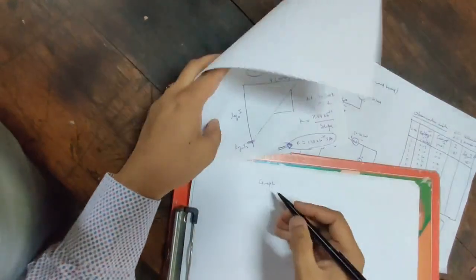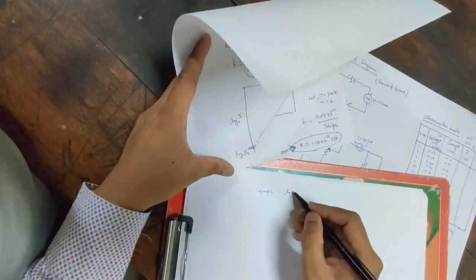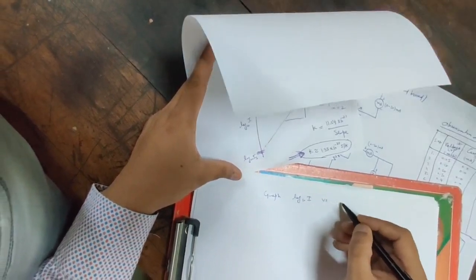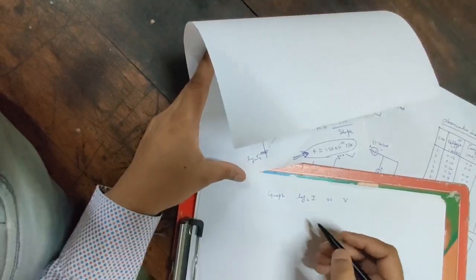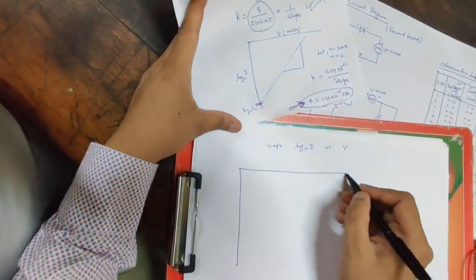On plotting this graph between log base 10 I versus voltage, the graph we have is like this.